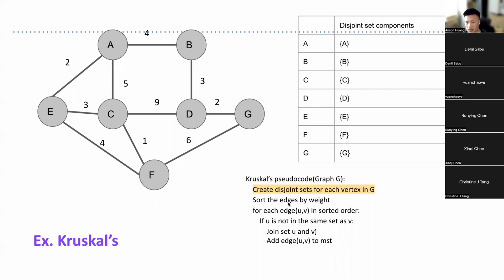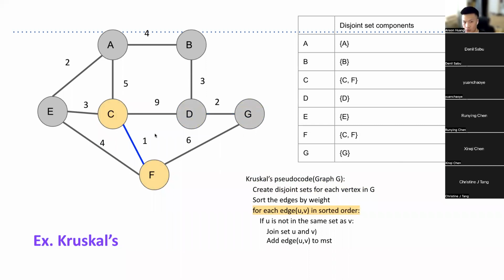And since we're going in the order by weight, we're going to start off with looking at C and F, because the weight from C to F is the shortest weight, 1, in this entire graph. So since C and F aren't in the same set initially, we add them into the same set, right? So now C and F are in the same set, as you can see. And then we join them together. And this is currently in our MST.